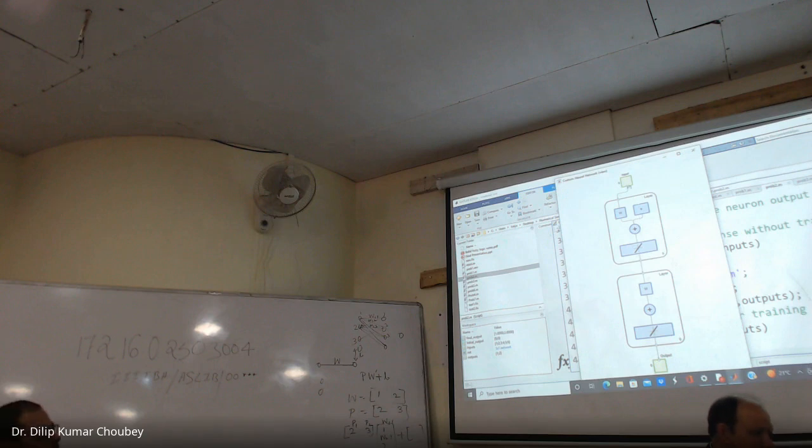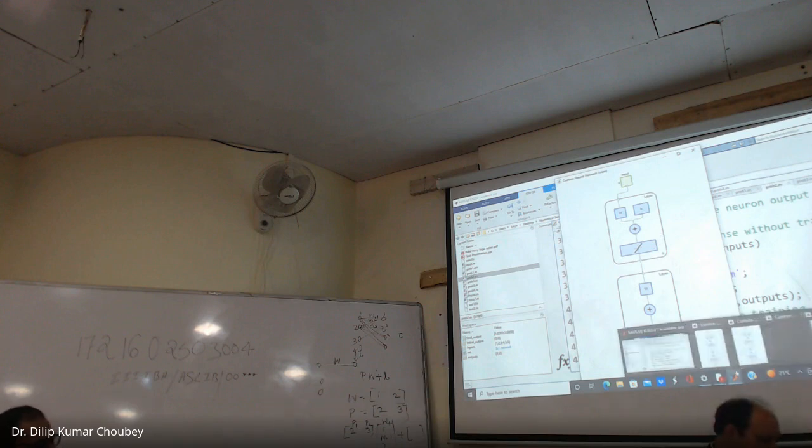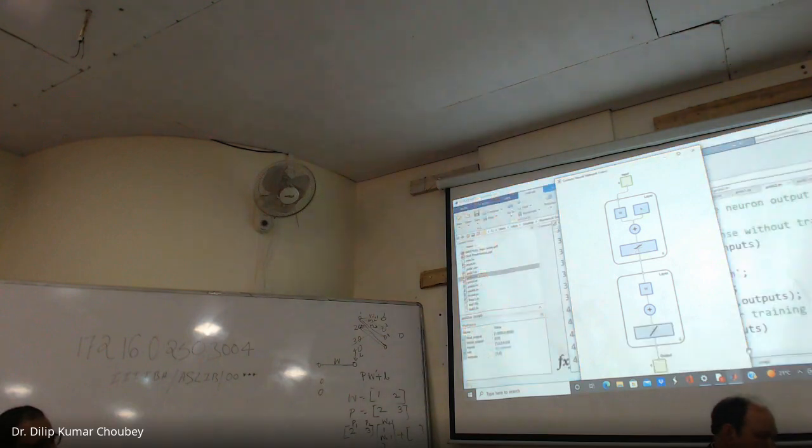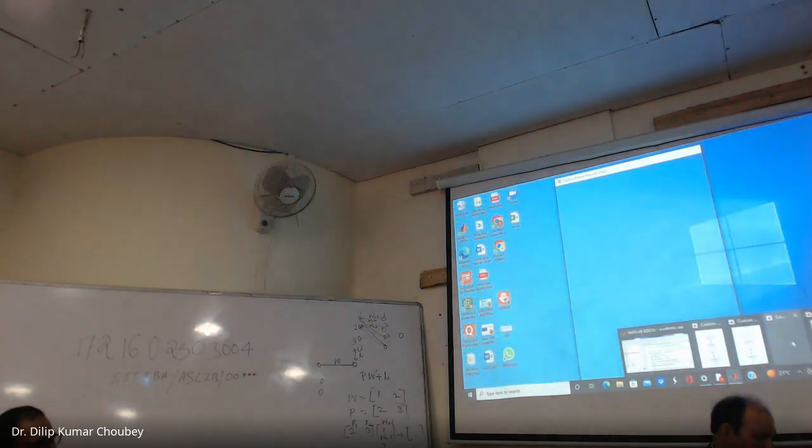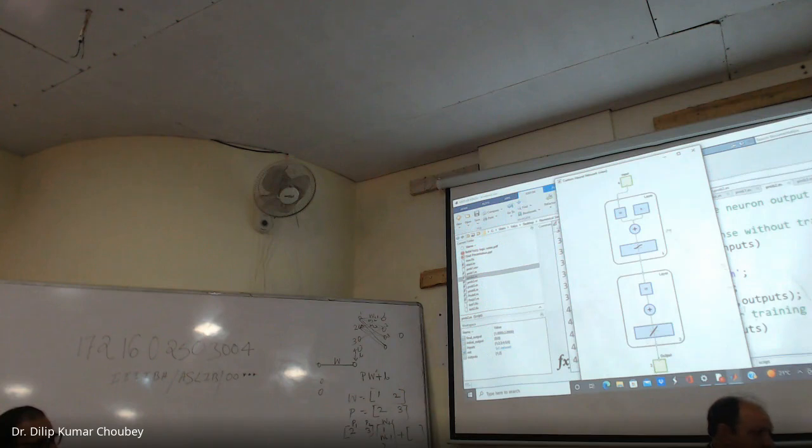We can choose two hidden layers. You can see that we consider six inputs initially. This is the final. Three networks we consider.